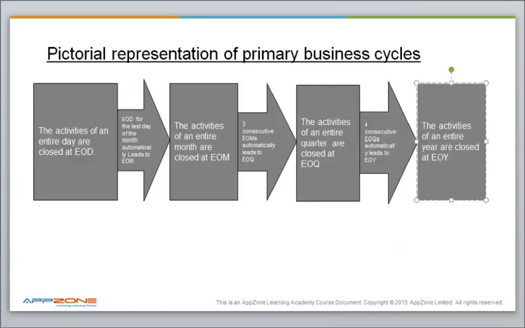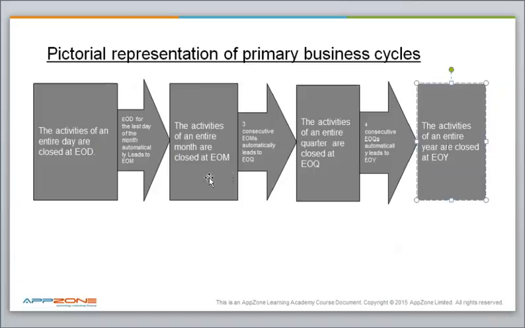Then lastly, the end of year. The end of year marks the end of the financial year. So the system can actually differentiate between the activities of year 1 and year 2, year 2 and year 3.